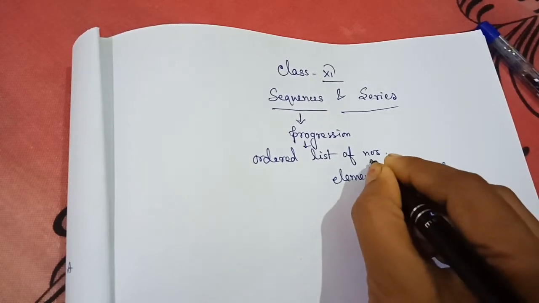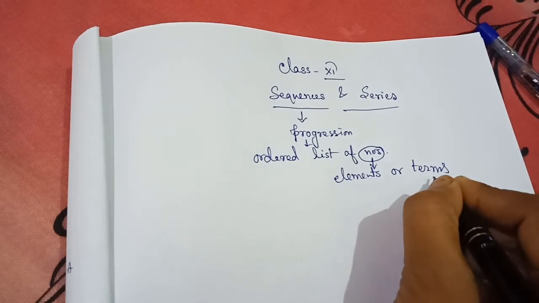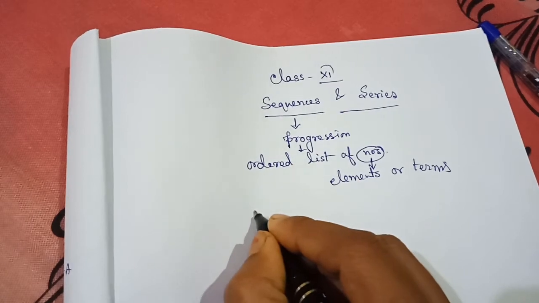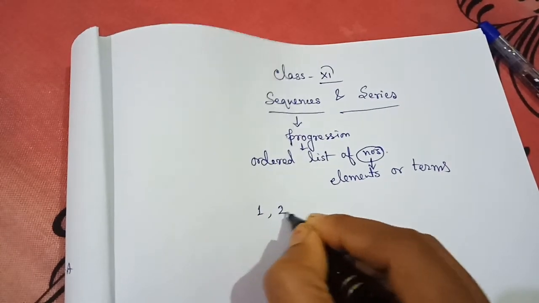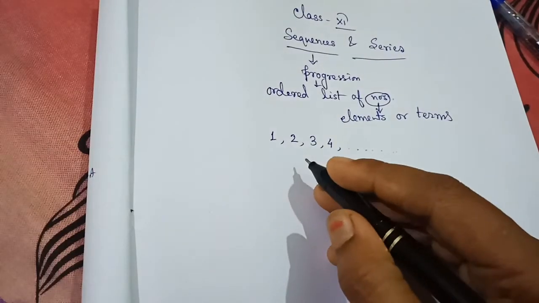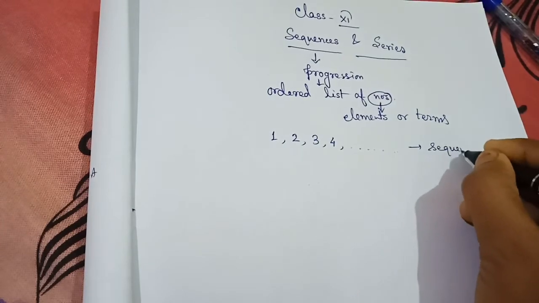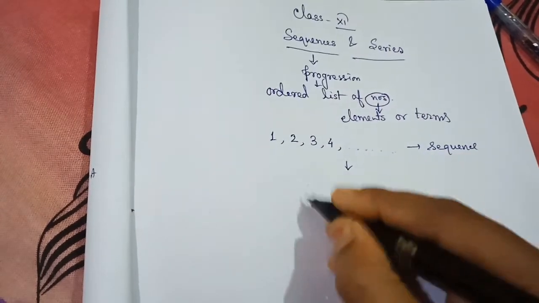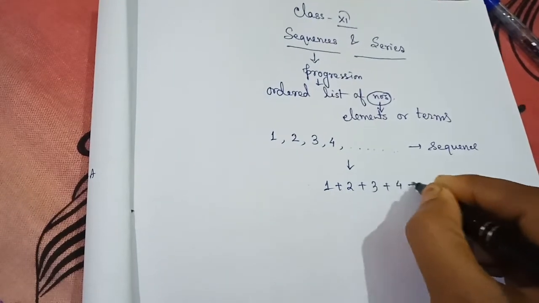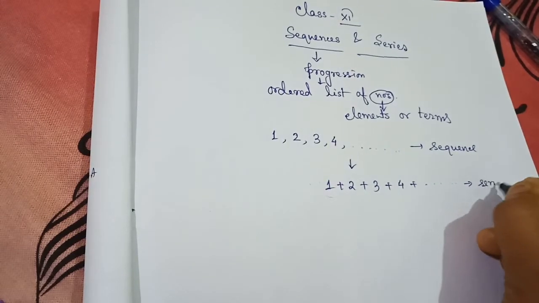These numbers are called elements or terms. Now, sequence means, I'm just giving you a very simple example like 1, 3, 4, dot dot dot. So this is a sequence, and if we take its sum, this expression will be called a series.